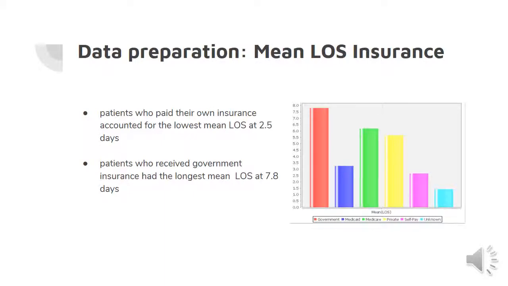Our next slide concerns the mean LOS for our payer code / insurance type variable. It appears that the government insurance type has the highest mean LOS at about 7.8 days, while the self-pay payer code type has the lowest mean LOS at 2.5 days.